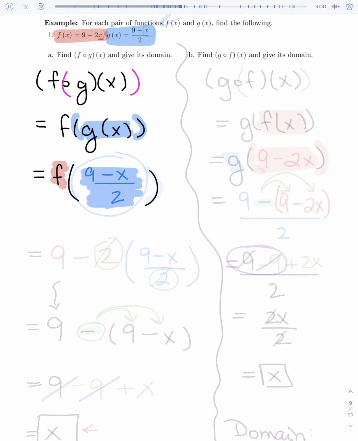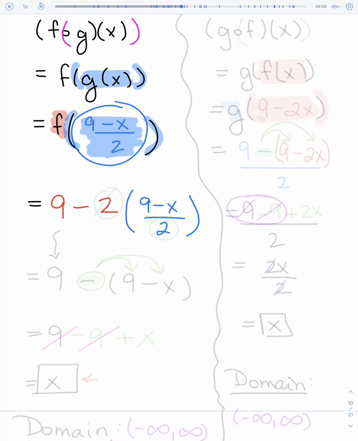Remember, when I plug anything in, I should be plugging it in with parentheses around it. So I start with my function f, which is 9 minus 2x. Then that x gets replaced with what was inside, 9 minus x over 2. These parentheses are a reminder that when you plug something in, you have to leave the parentheses around it.